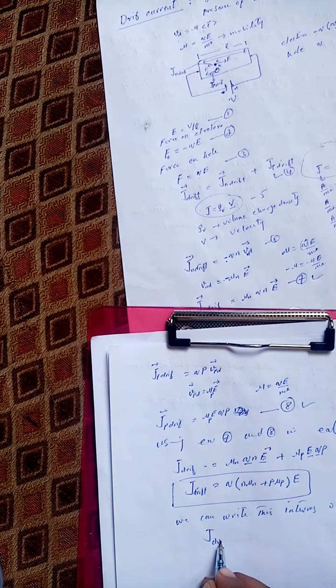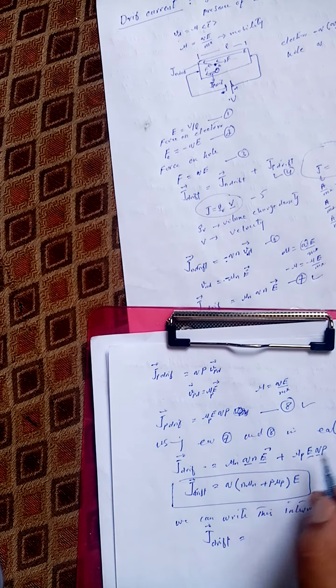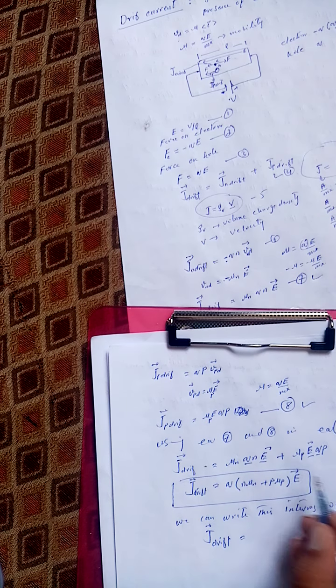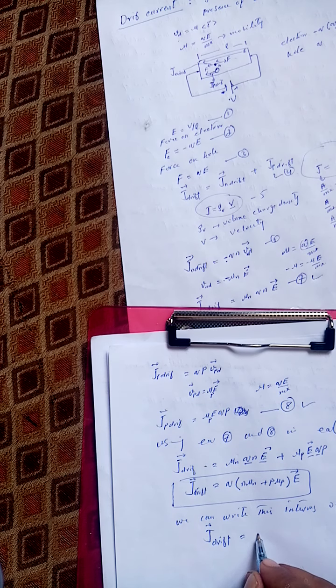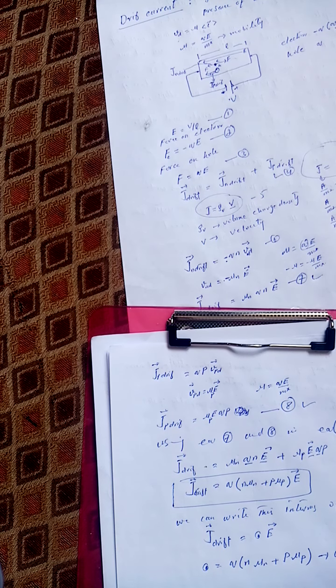J drift is equal to sigma E, this is a vector quantity, where sigma is q times n mu_n plus p mu_p, and it's called the conductivity of the semiconductor.